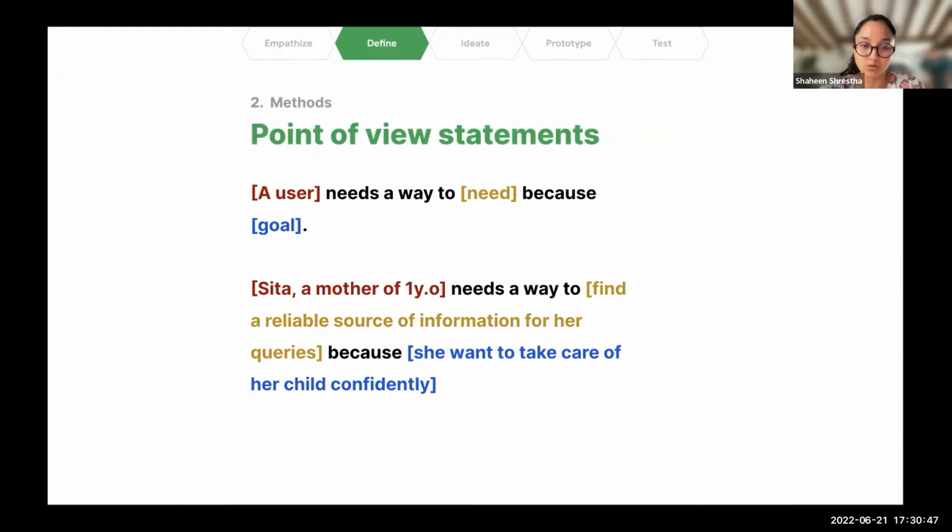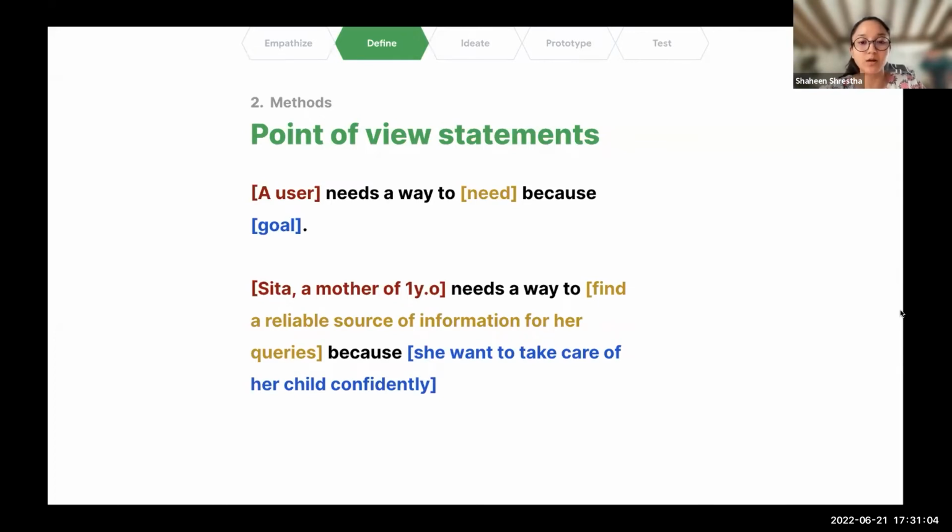So Sita is the user. Her need is, what is a need? That she needs reliable information. Why? What is the goal? Because she wants to take care of her child. So this is the goal. The need is the information she needs, and the user is Sita. So we make a statement out of this.